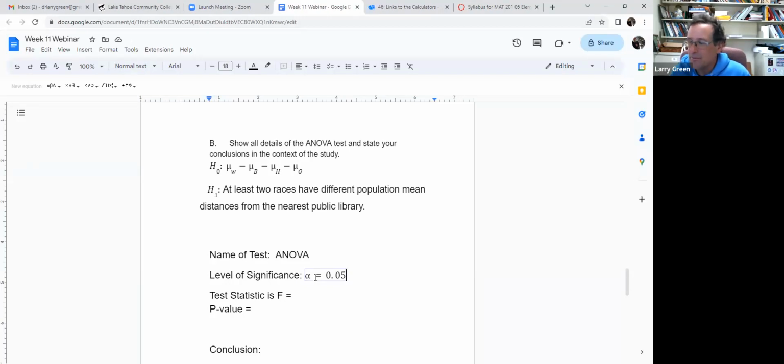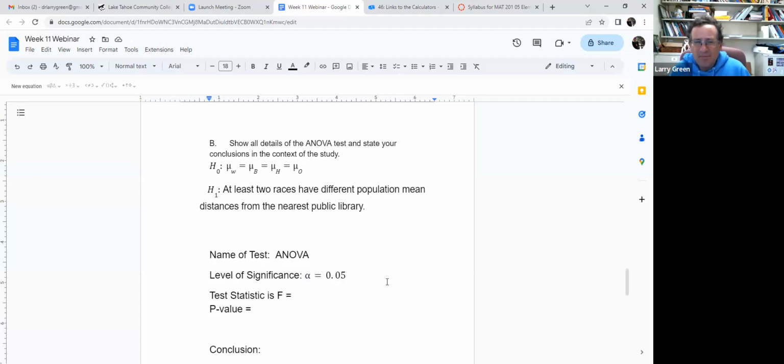That's what ANOVA is all about. Okay. It's not something you're going to be using other than for journal articles. And you'll be reading journal articles maybe and seeing that they did ANOVA. But like I said, it's not a day-to-day kind of thing. So most of the time you use 0.05 unless some life depends on it or something.